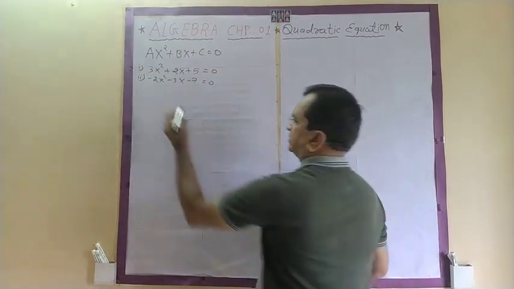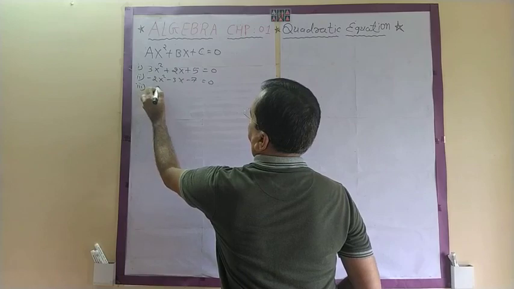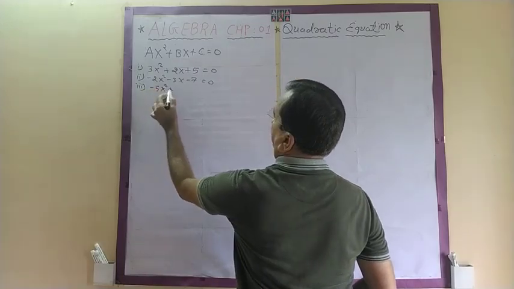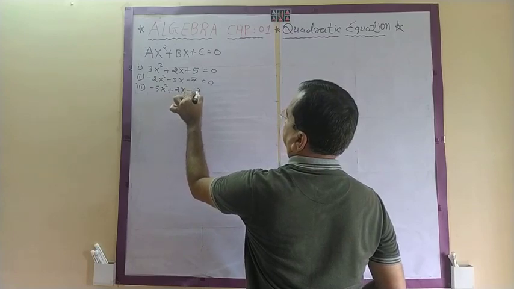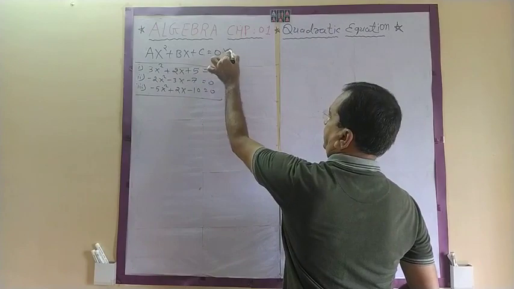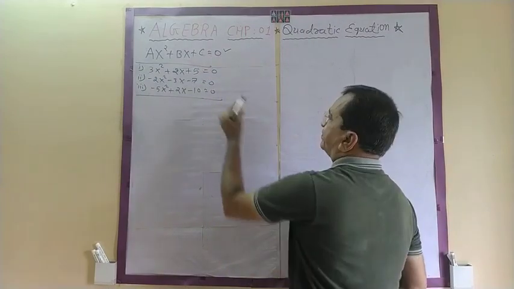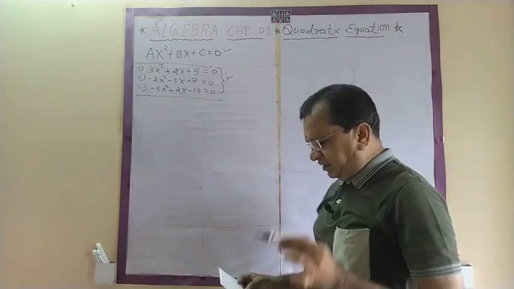You can take plus and minus together: minus 5x square plus 2x minus 10 is equal to 0. So this is the quadratic equation standard form. These are the examples.